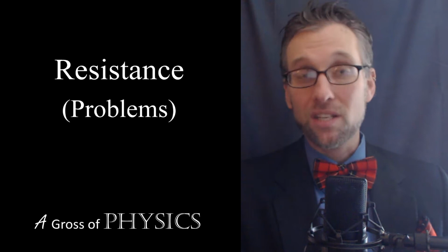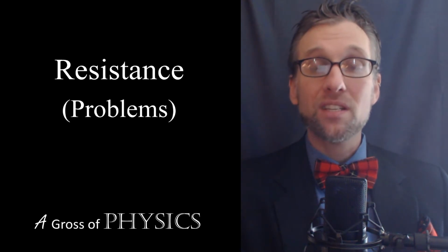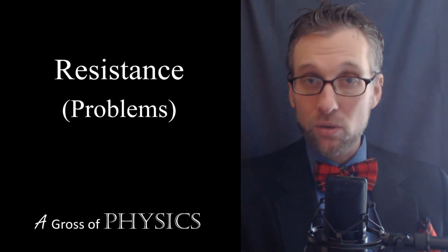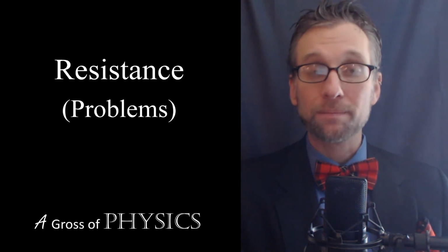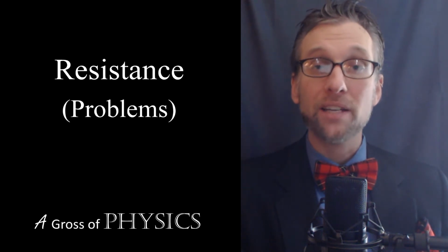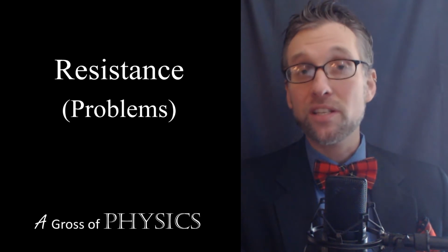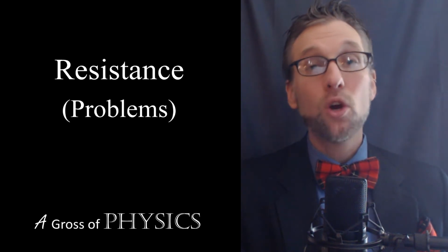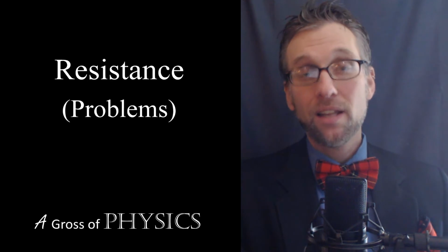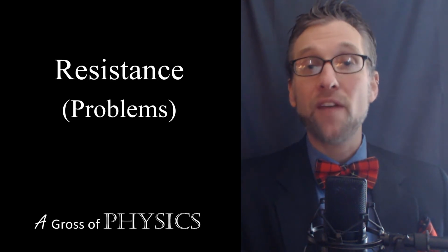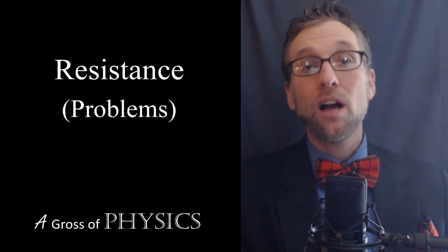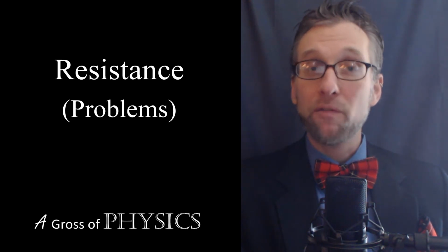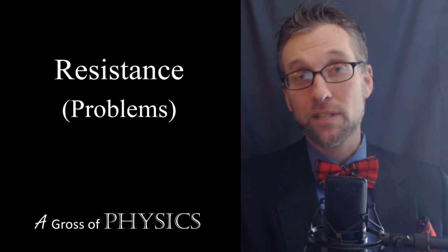We then discussed resistance and the fact that resistance is based on the material that's used and the geometry of that material, the length and the cross-sectional area. We also discussed the resistance equation, R equals rho L over A. Now, those are all based on the fact that the temperature is constant. The temperature of 20 degrees Celsius is what we have for our chart in the reference table.